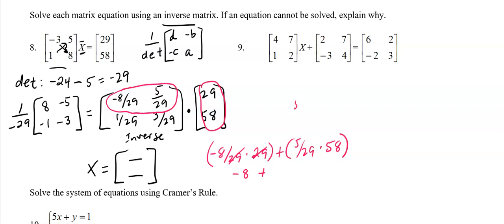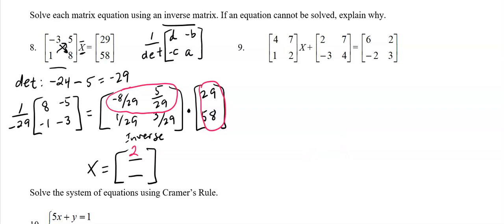And then here, 29 does go into 58 2 times, so the end result of multiplying those two is just 10. So when you do negative 8 plus 10, you just get 2. It looks like we might have an ugly fraction answer, but it turns out that we don't.